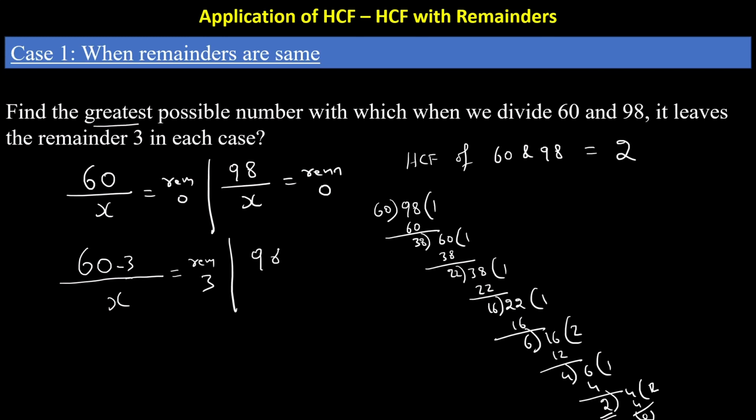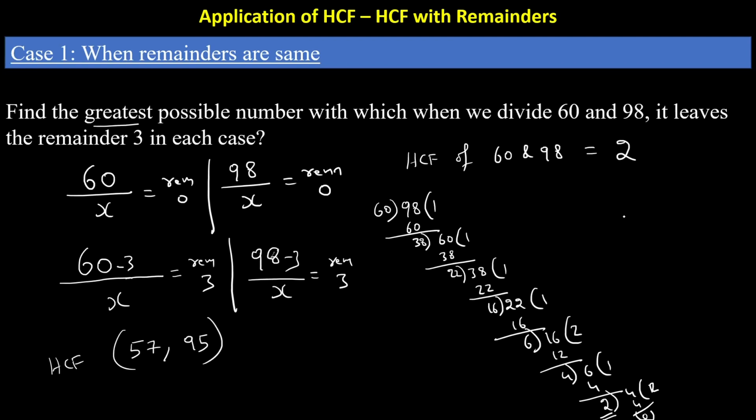And here also 98 minus 3 by x, I will get the remainder 3. Now 60 minus 3 means 57 and 98 minus 3 is 95. Now find out the HCF of 57 and 95. That will be our answer.